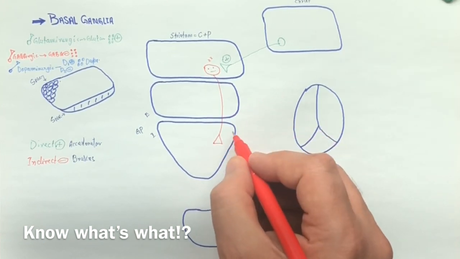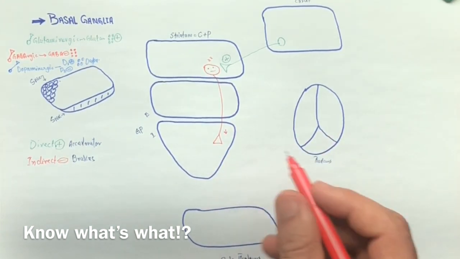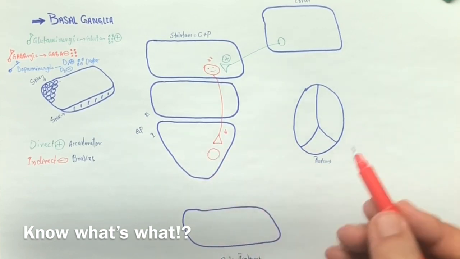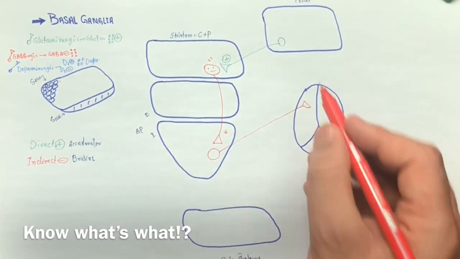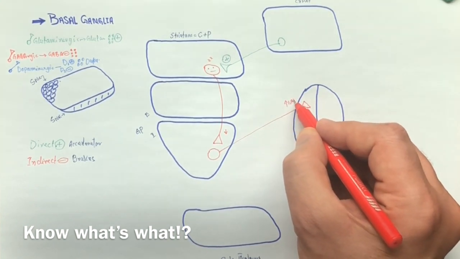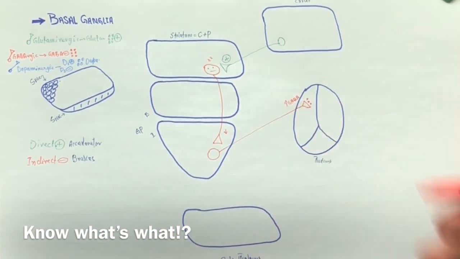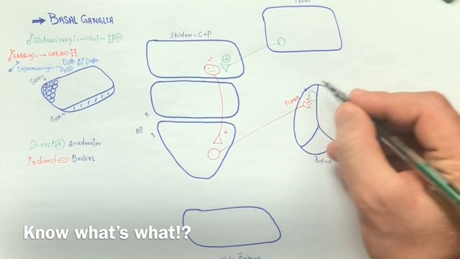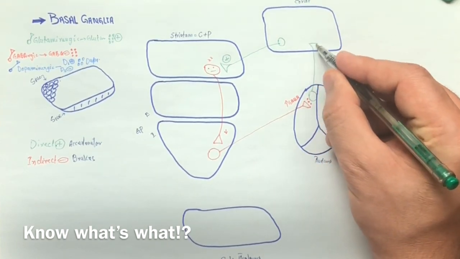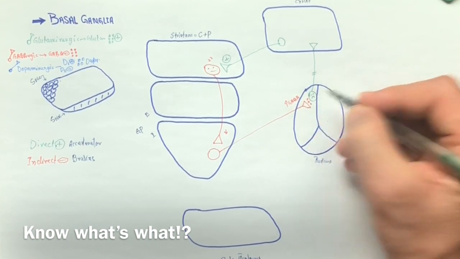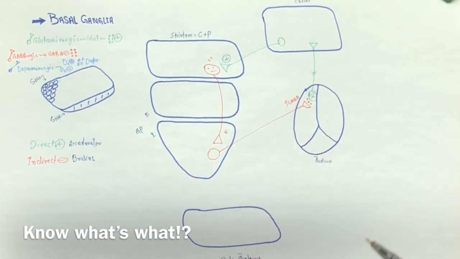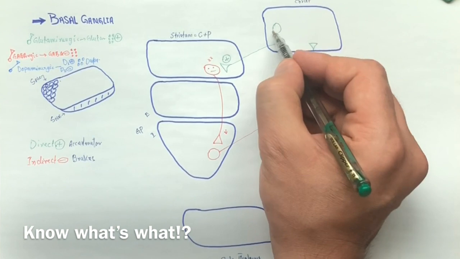Decrease in the GABA here will release the globus pallidus interna neurons from inhibition, and they will send the fibers in action potential and release the GABA in the thalamus. Increased GABA in the thalamus inhibits the thalamocortical neurons, and there will be no action performed, and when you're at rest, that's how the direct pathway works.